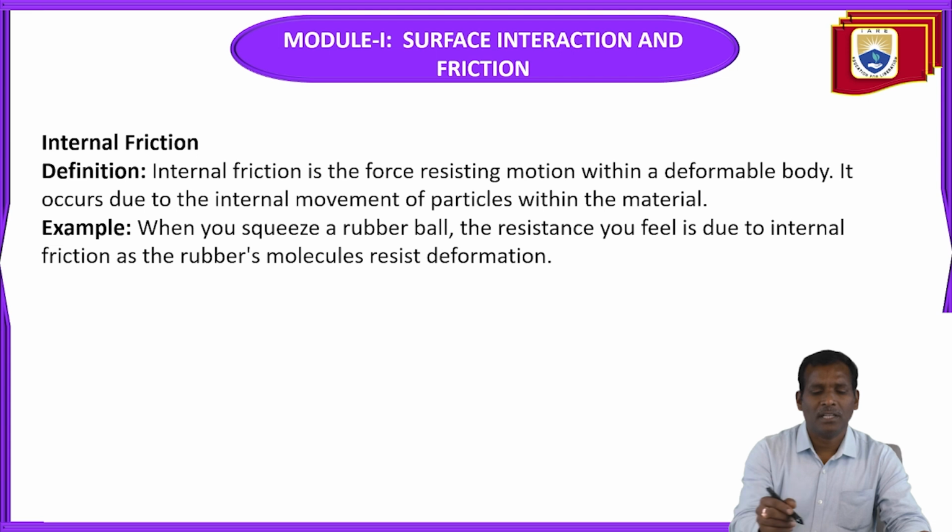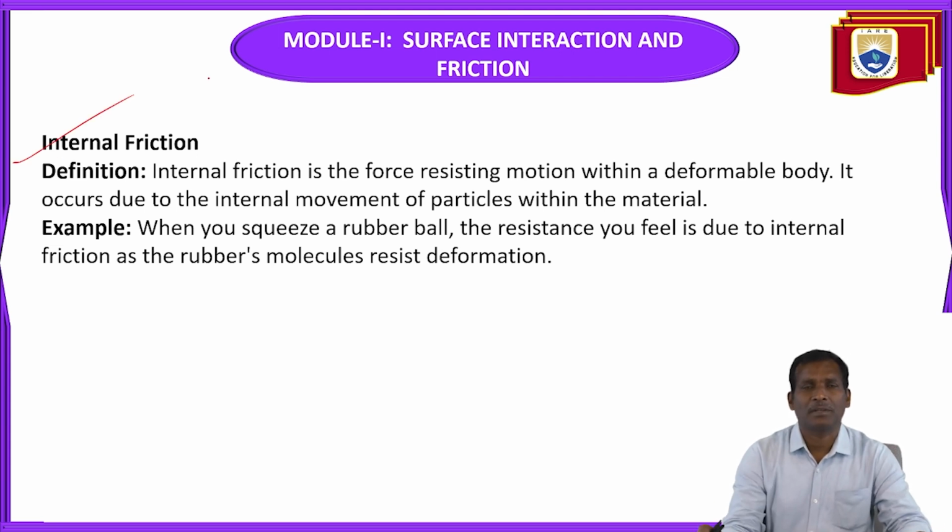Next, what is internal friction? Another type of friction. Internal friction is the force resisting motion within a deformable body. It occurs due to the internal movement of particles within the material.